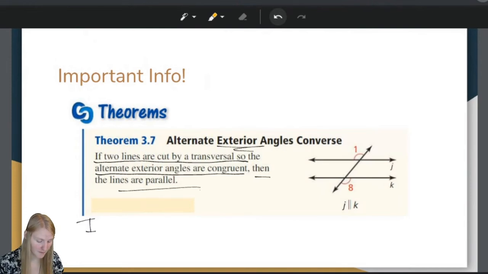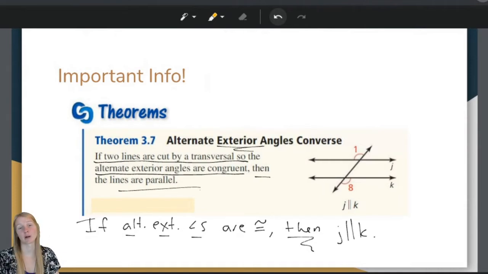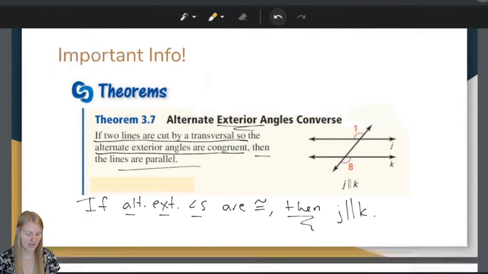So if alternate exterior angles, we're abbreviating again, if alternate exterior angles are congruent, then J and K are parallel. Line J and line K are parallel. So if angles 1 and 8 are congruent, then line J and line K are parallel.